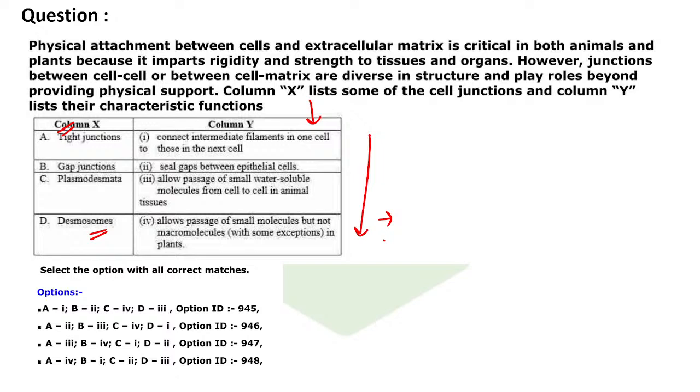Read the question carefully and give it a try. In column Y, you have the various important functionalities or characteristic features of each one of them. So try marking the answer accordingly.